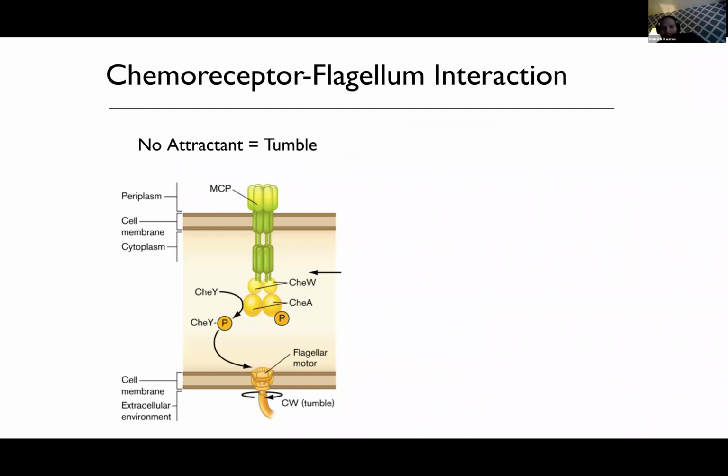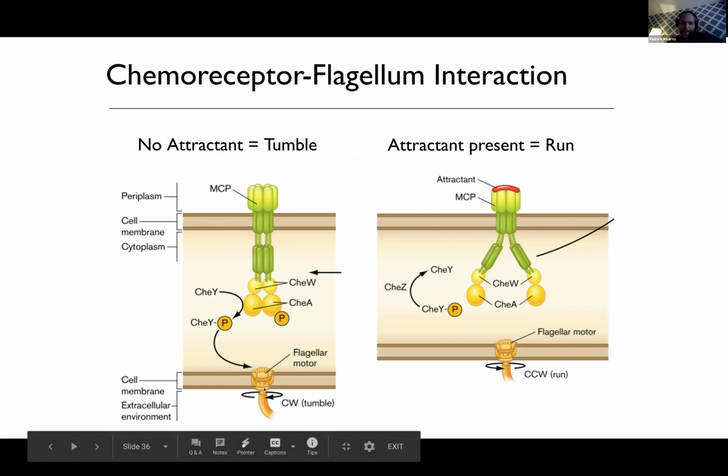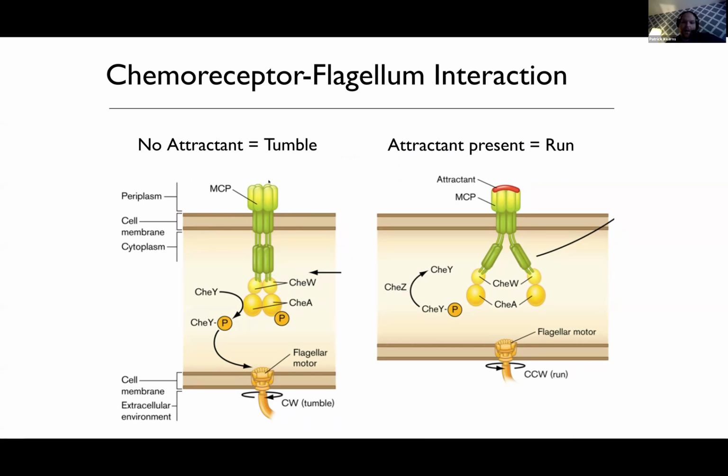But there is an overall mechanism to how this works at the molecular level. We have our receptor protein in the outer membrane, the inner membrane, and we have our flagella. So outside of the cell, inside of the cell, and the periplasm, in between the membranes. Then we have this receptor protein. The way this ultimately works is if there's no attractant, we're causing tumbles.